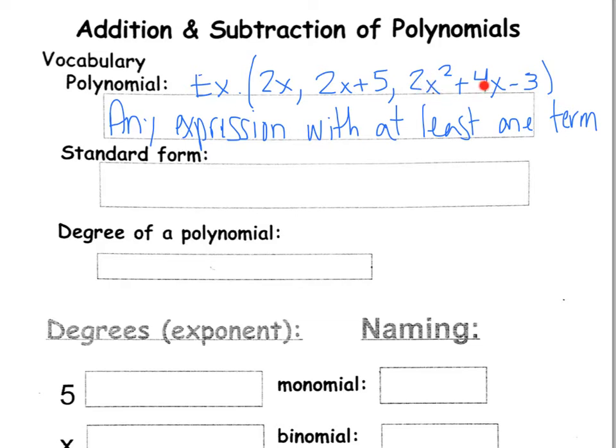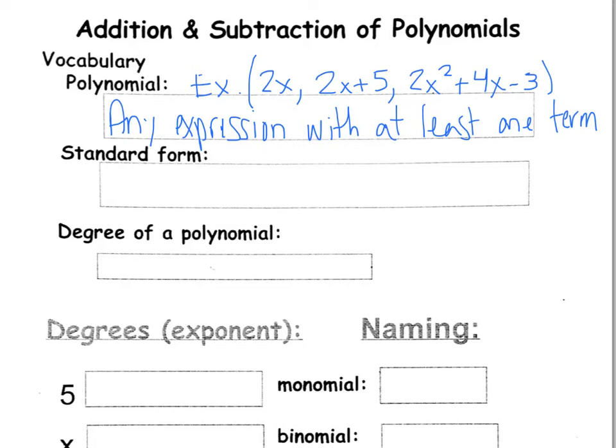So x, and if we had y's, x's would always come before y's. But the primary thing that we look for to come first is the exponent. We always go in descending order by exponent.